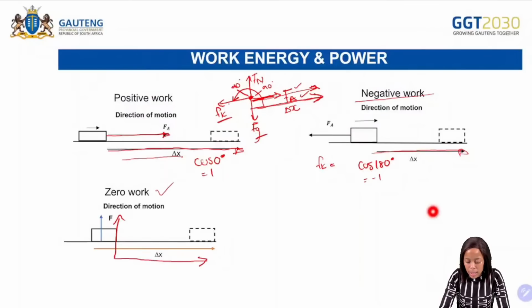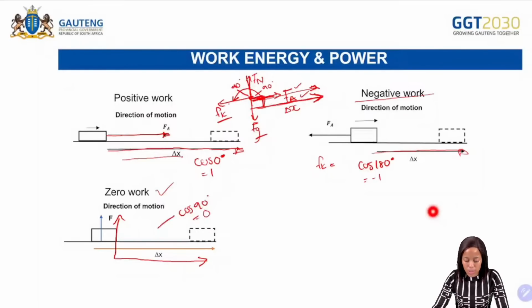So there's the displacement, and then there's your normal force. So what is the angle between the two? The angle between the two is 90 degrees. So that is when we'll have cos 90 degrees. And then when we have cos 90 degrees, what is it going to give us? It's going to give us 0.